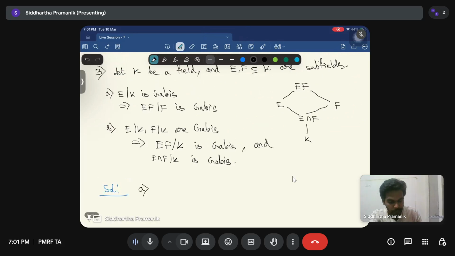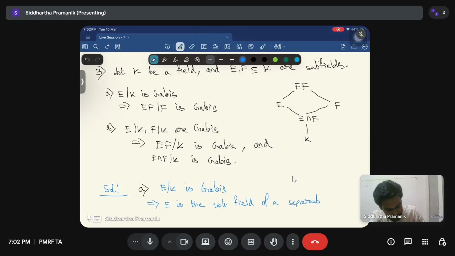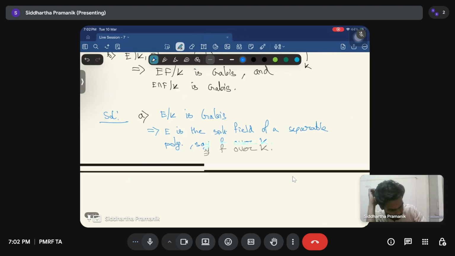So E over K is Galois. So that will imply E is the splitting field of a separable polynomial, let's say f, over K, right?